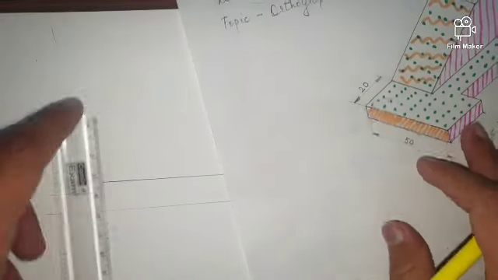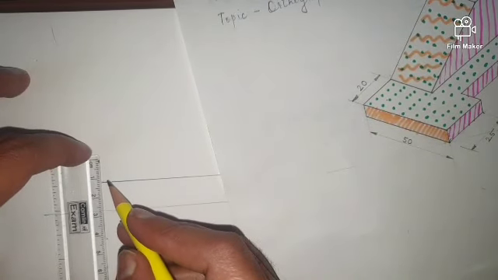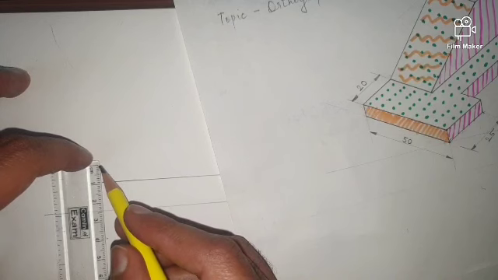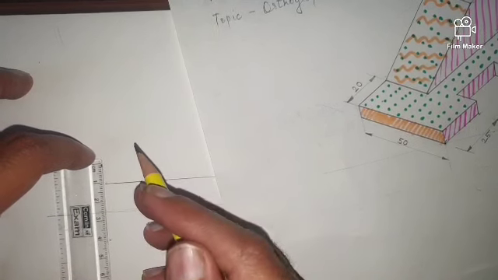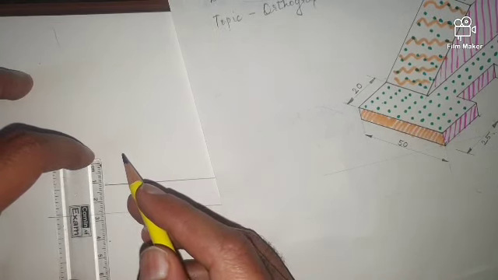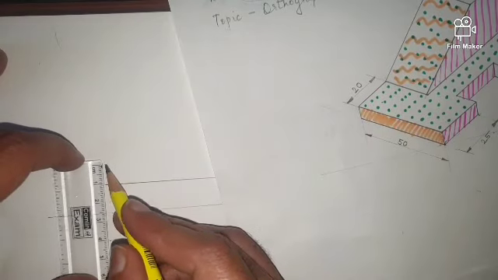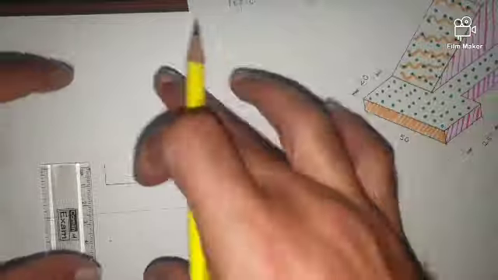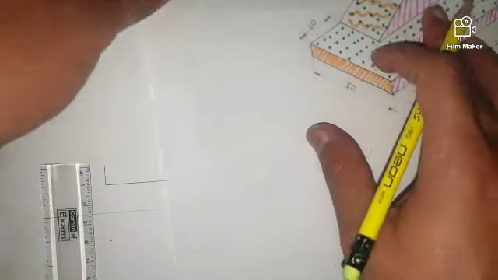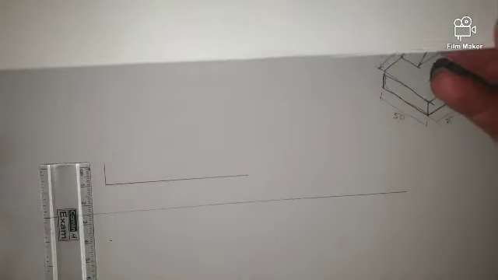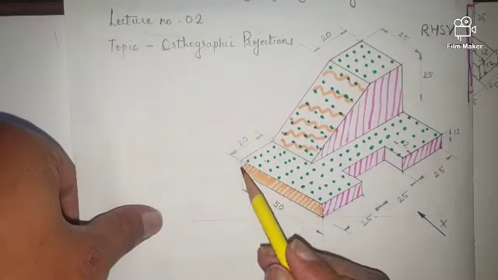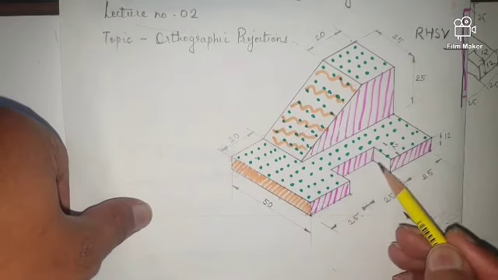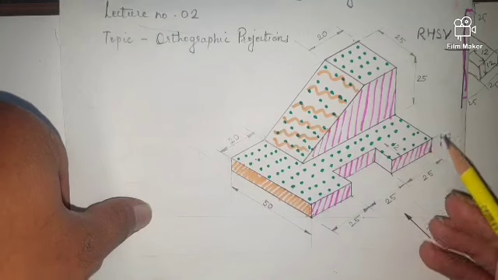So you have to go 12 mm above. I won't be drawing this at an exact scale, since this has to fit on the paper. Alright, and then 25, 25 and 25.